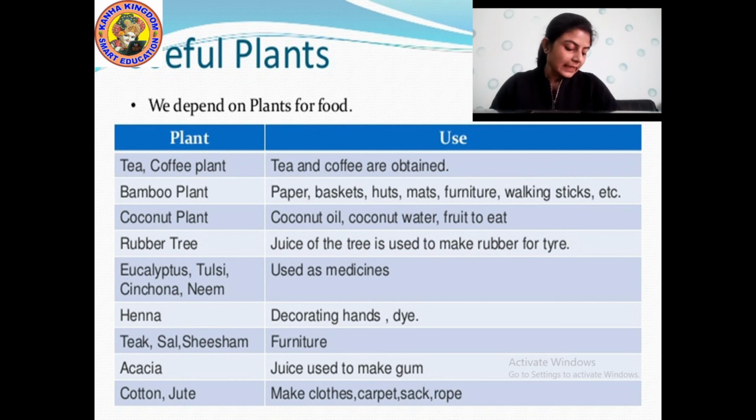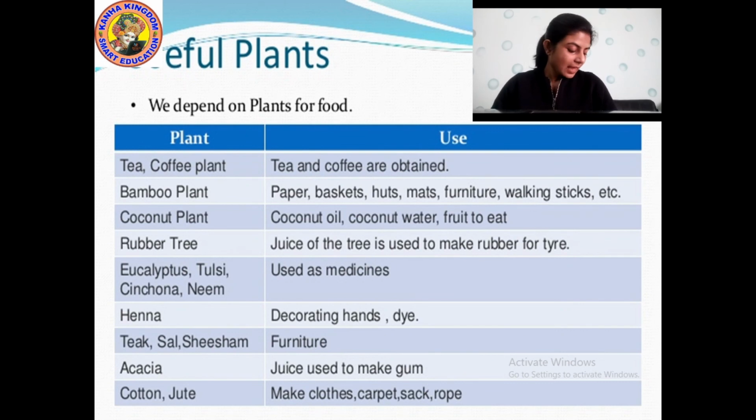Then trees are used to make paper and furniture. The big huge trees are cut down to make furniture and paper. The hollow stem of cane and bamboo plants is used to make baskets, huts, mats and walking sticks.